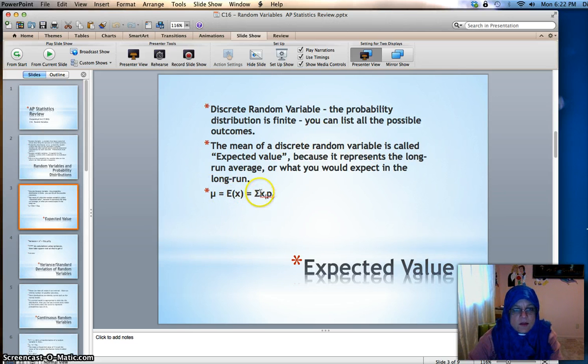The way we calculate that is the sum of each outcome times its probability. So in the example with the die, the first outcome is rolling a 1. It has a probability of 1/6. So 1 times 1/6, plus 2 times 1/6, plus 3 times 1/6, plus 4 times 1/6, plus 5 times 1/6, plus 6 times 1/6. Add all that up, and you would have what you would expect to happen, the long run average of all the different outcomes of rolling a die.